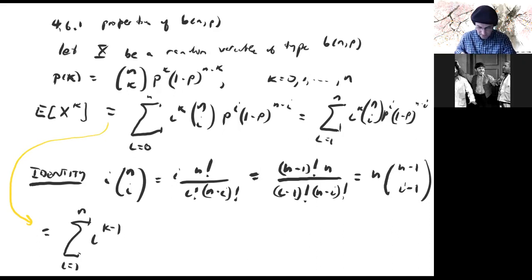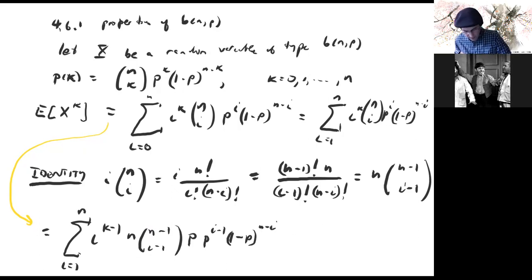I factor out an i from the i to the k, and I group it with the n choose i, and then I use my identity to make an n times n minus 1 choose i minus 1, times p, where I bring out a factor of p, so p times p to the i minus 1 times 1 minus p to the n minus i.